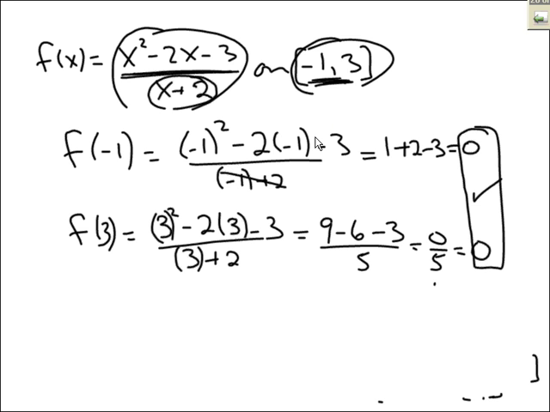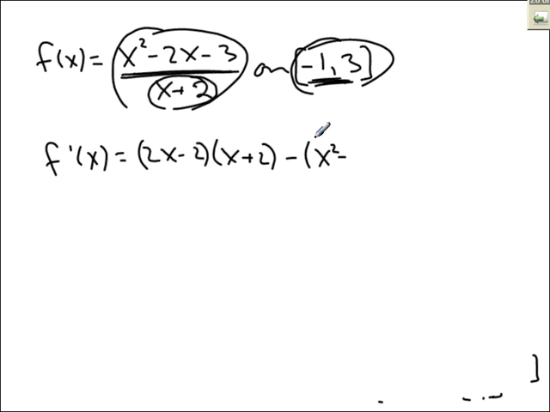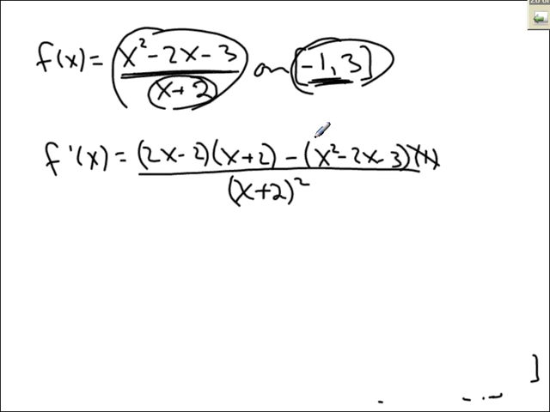Okay, now we take the derivative, which I think is a little bit depressing because I think we already did it. I erased it. So unfortunately we have to do the derivative again. Derivative of the top times the bottom minus just the top times the derivative of the bottom, which is 1, which I don't need to even denote. And this all gets divided by whatever the denominator is, quantity squared.